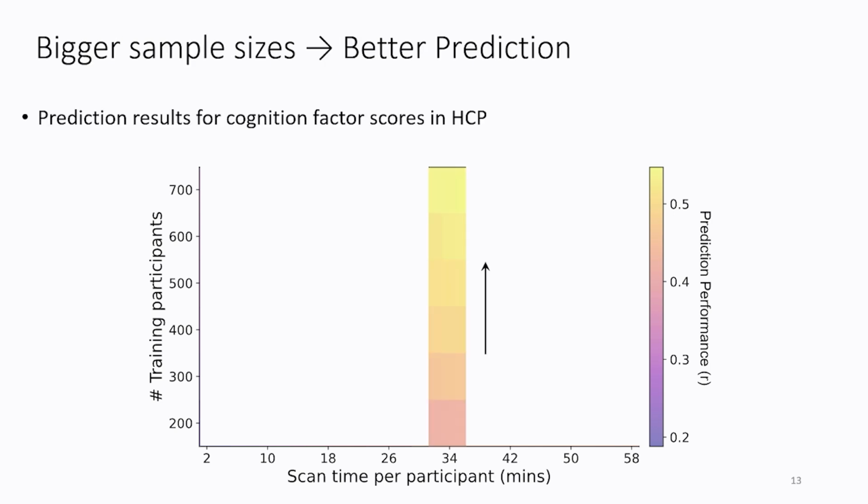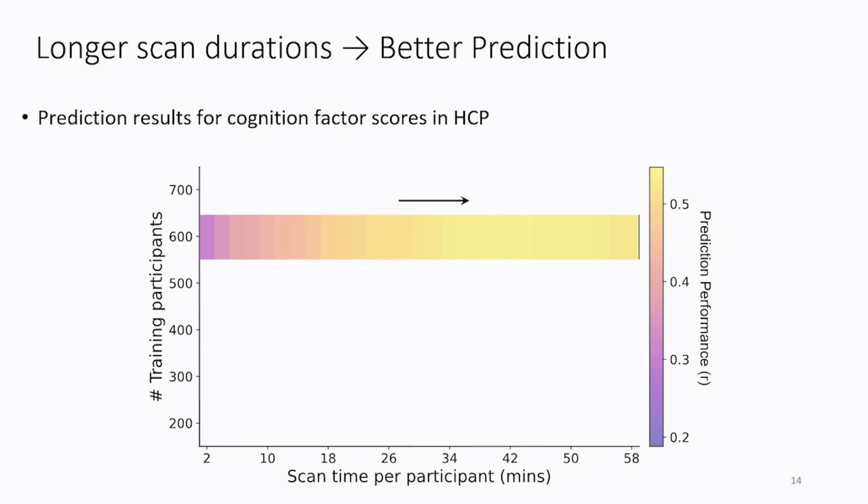Let's first look at a fixed scan duration, for example 34 minutes. If we increase the number of training participants we use to train our model, we can see that prediction accuracy increases. And likewise, if we flip this around, and we increase the scan duration per participant while keeping the sample size fixed, we can see our prediction performance increases as well.